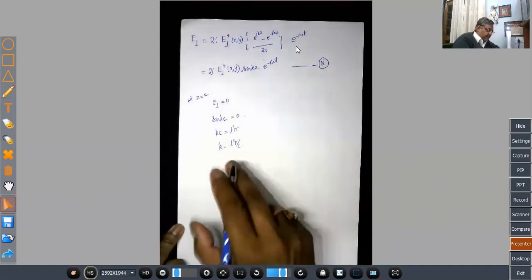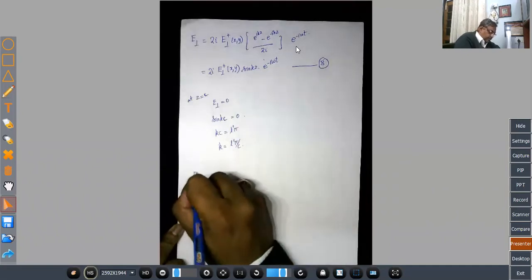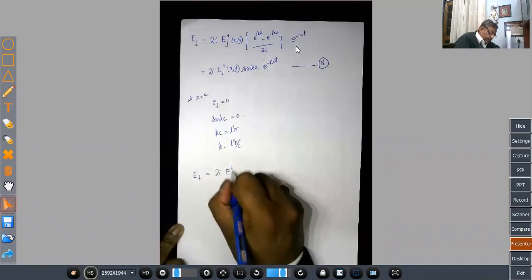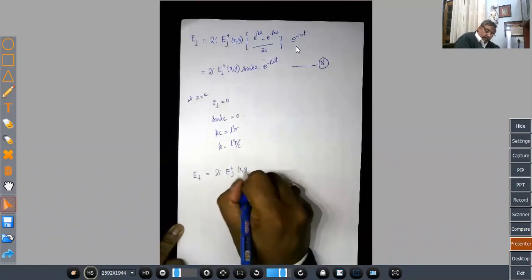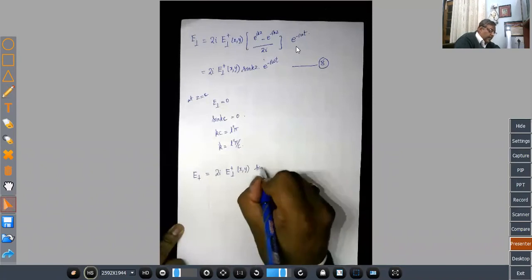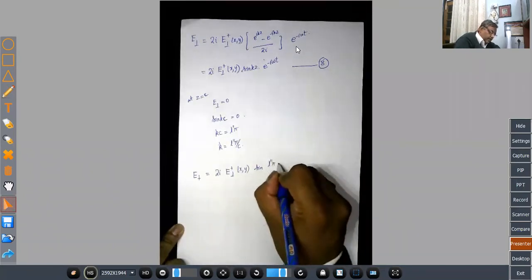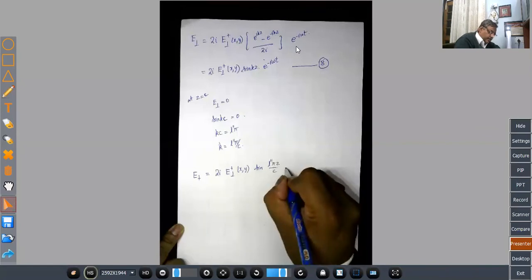So this field will now become the value of k, L double dash pi z by c.